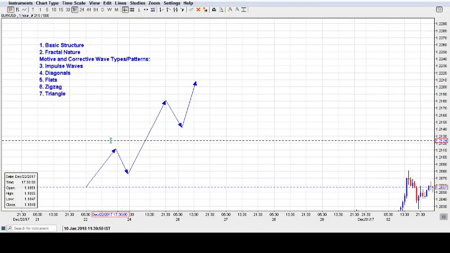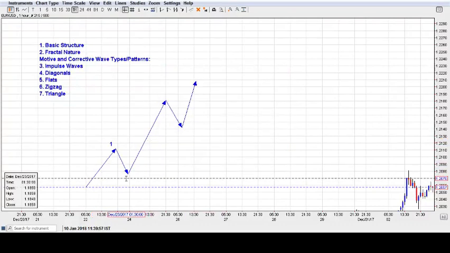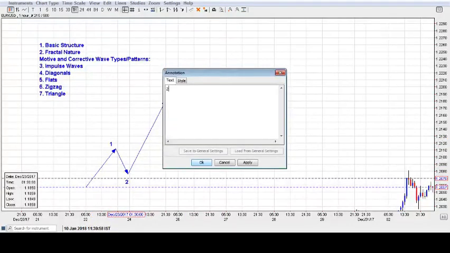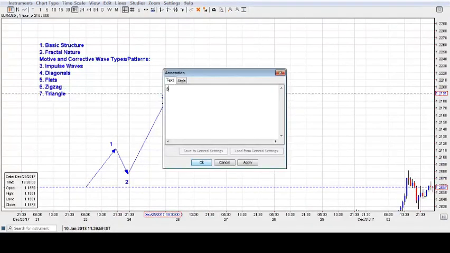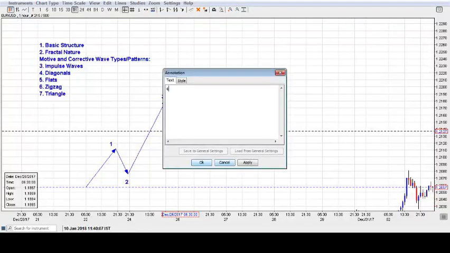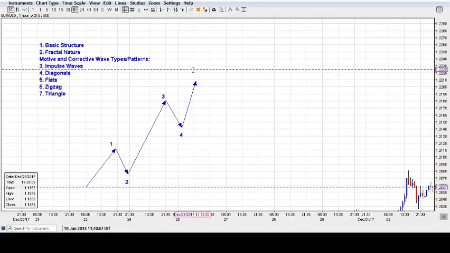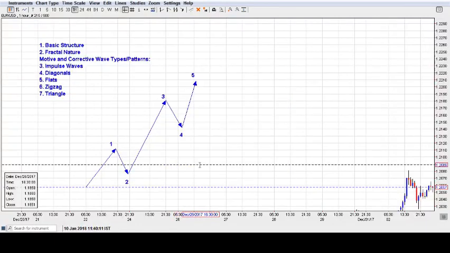It is labeled as the numbered phase, I would say, labeled as numbers 1, 2, 3, 4, and 5. I'm not showing the corrective waves right now. We'll touch base with the corrective waves a bit later.